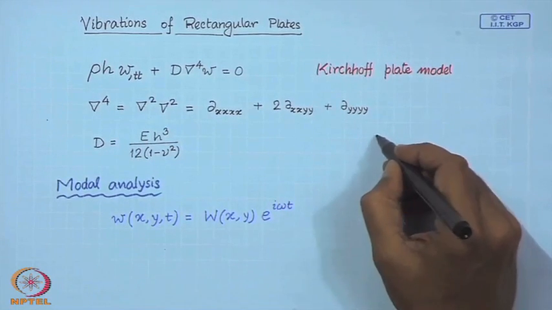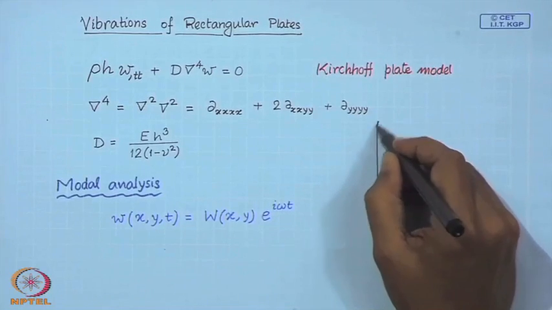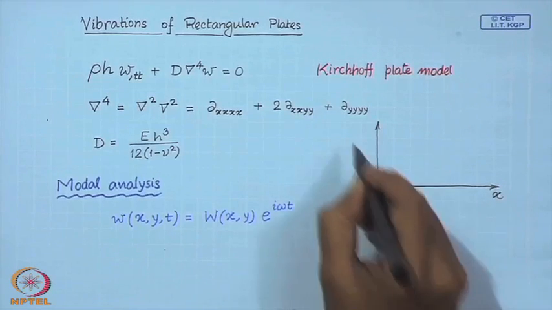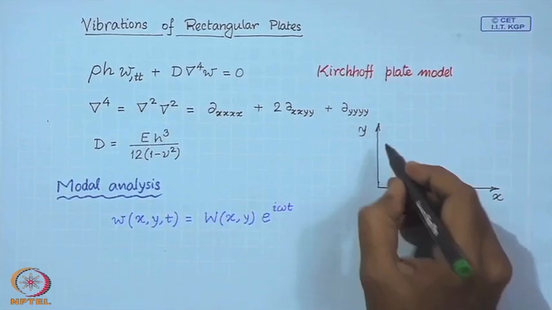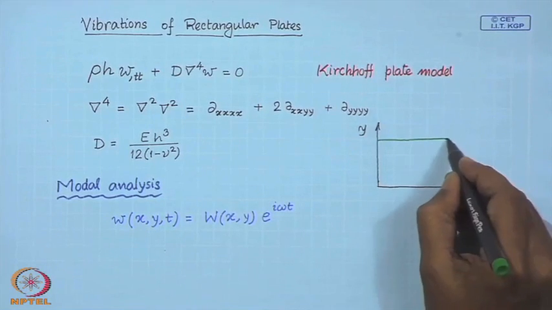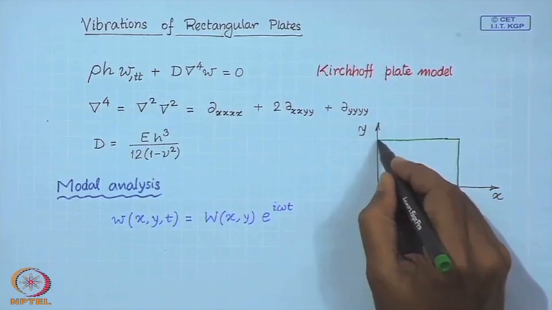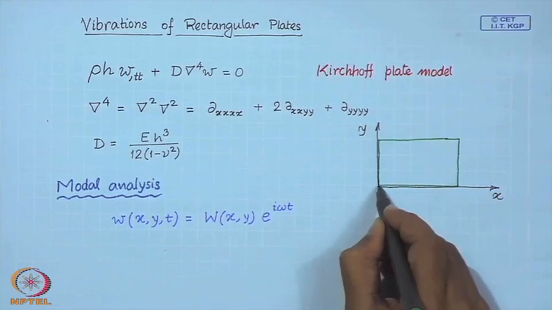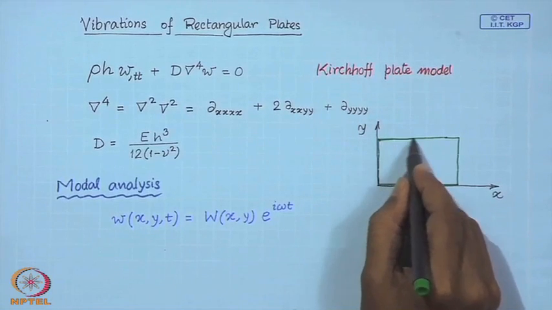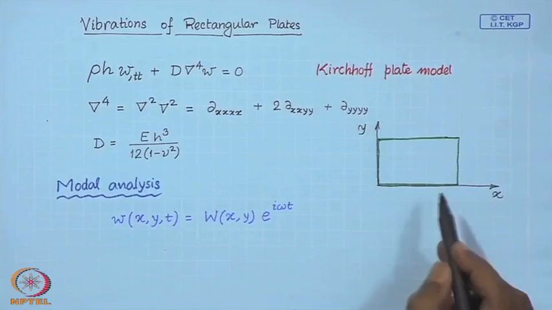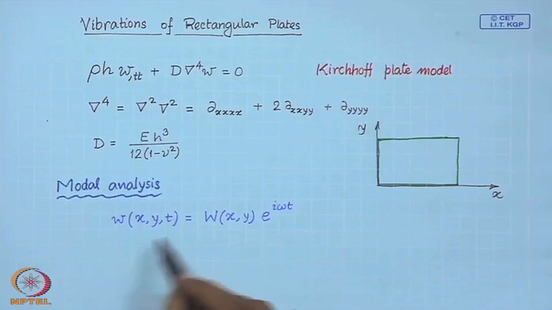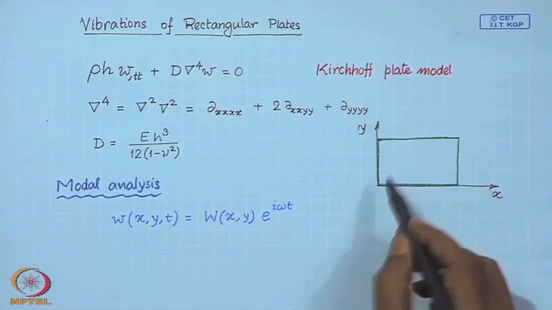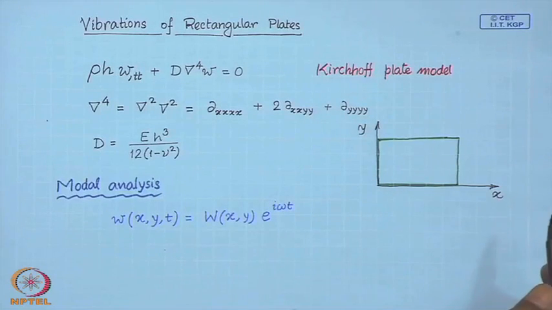So, suppose we have a plate lying on the xy plane, and the displacement, the field variable w, is measured transverse to this plane, which means perpendicular to the plane of the paper.